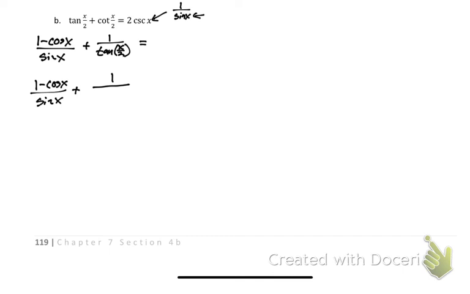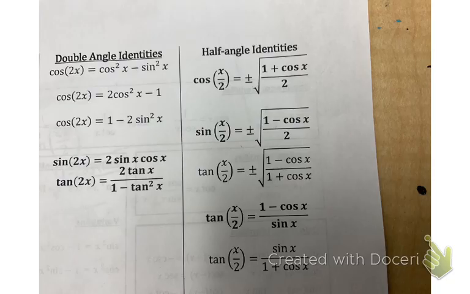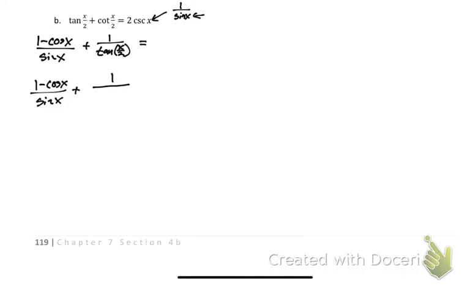Yeah? Why is the cosine of sine x if it's x over 2? Is there a reason? Yeah, we use the identity. I use the half angle identity that says if I have tangent x over 2, I can replace it with 1 minus cosine x over sine x. How did you know to pick that one? I knew to pick that one because I said cosecant is 1 over sine.